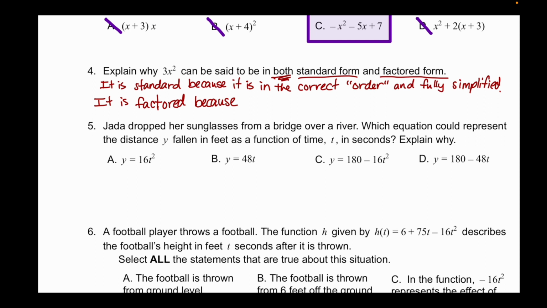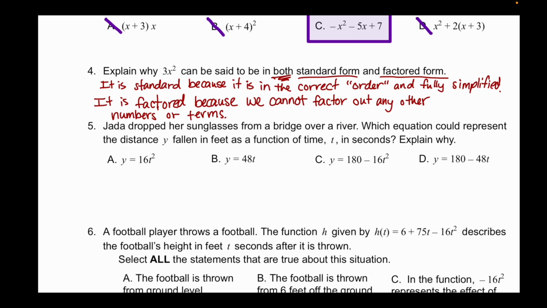So it is factored because we cannot factor out any other numbers or terms.